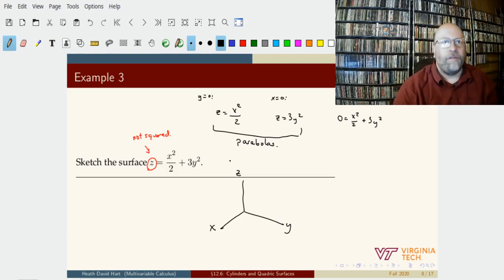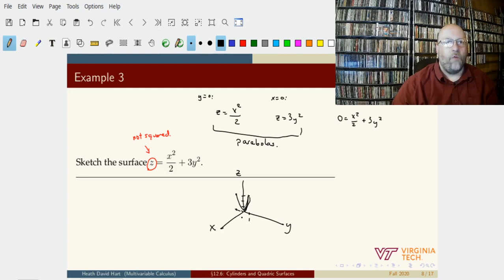And so this is a parabola that's going to be fairly wide in the x direction and fairly narrow in the y direction. So in the y direction, when y is equal to 1, z is equal to 3 times 1 squared. And when y is negative 1, z is equal to 3. And so we're going to have kind of a tall, skinny parabola.